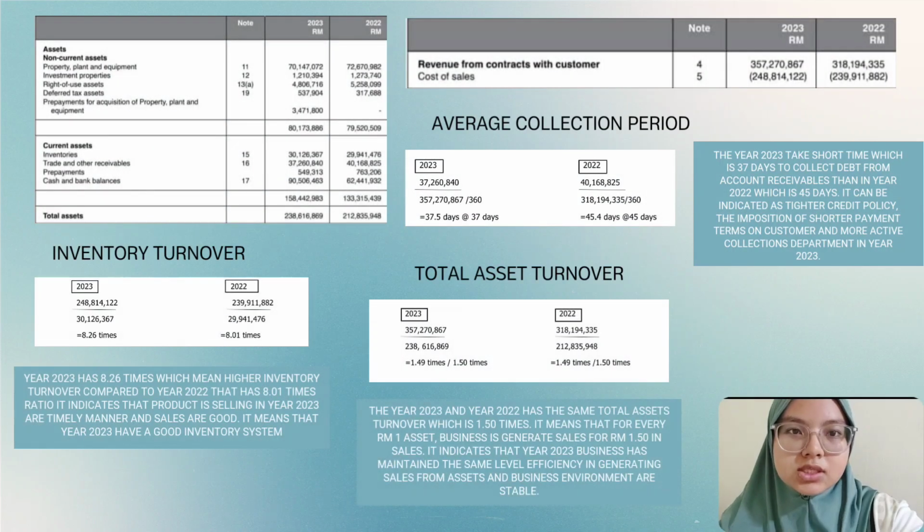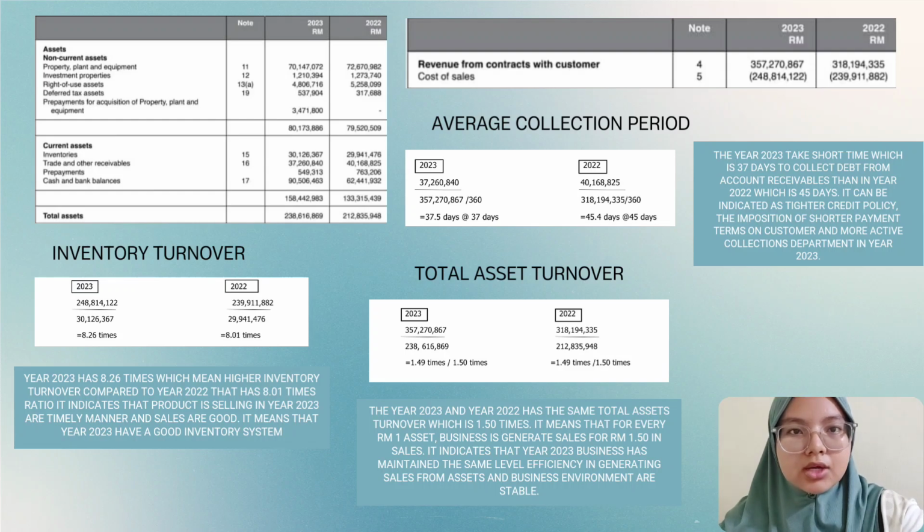So now let's calculate the efficiency ratio for Hup Seng Industry Berhad. I calculate all of these methods based on the statement of financial position and comprehensive income given. First of all, for inventory turnover, the COGS for 2023 is 248,840,122 ringgit Malaysia, and closing inventory is RM30,126,367. So I divide it, I got 8.26 times as the answer.